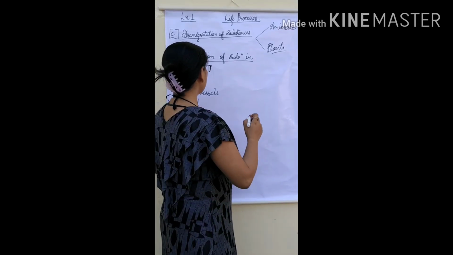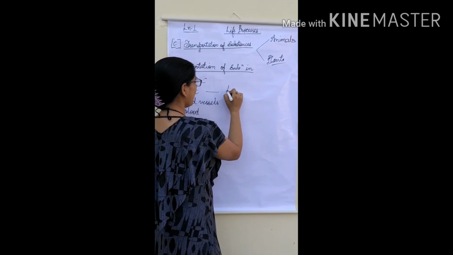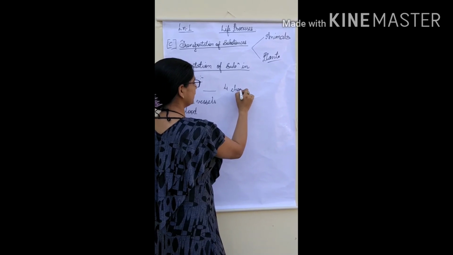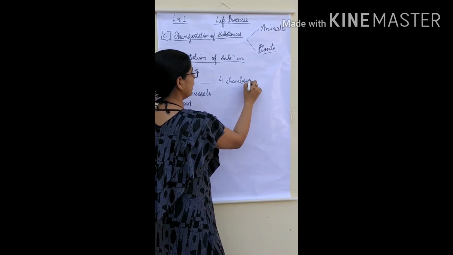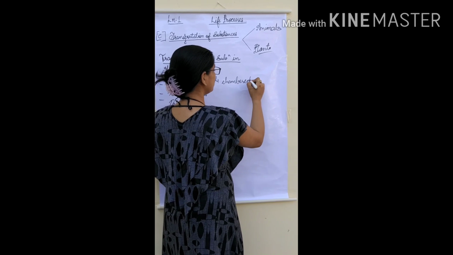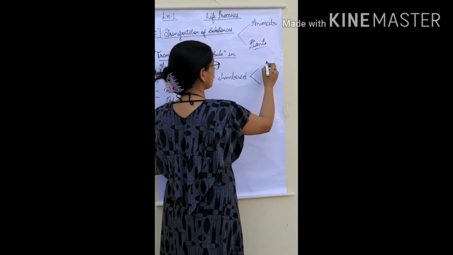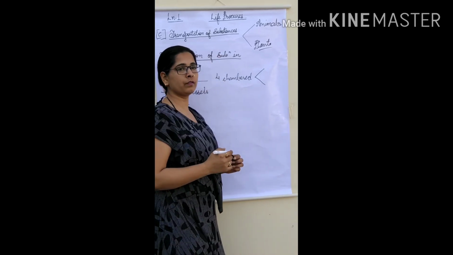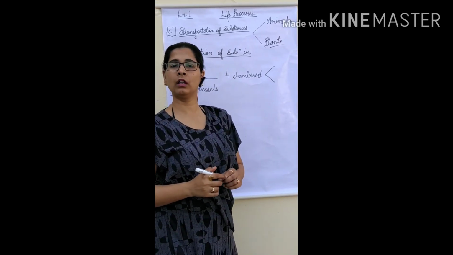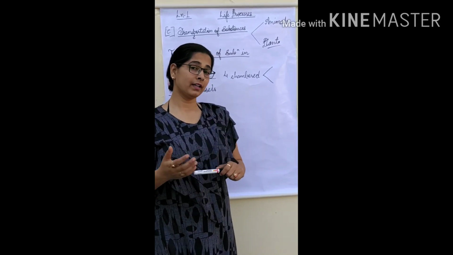In case of heart, you know that we have a four-chambered heart. In case of fishes you have studied that they have a two-chambered heart, then three-chambered, then the four-chambered heart has developed.